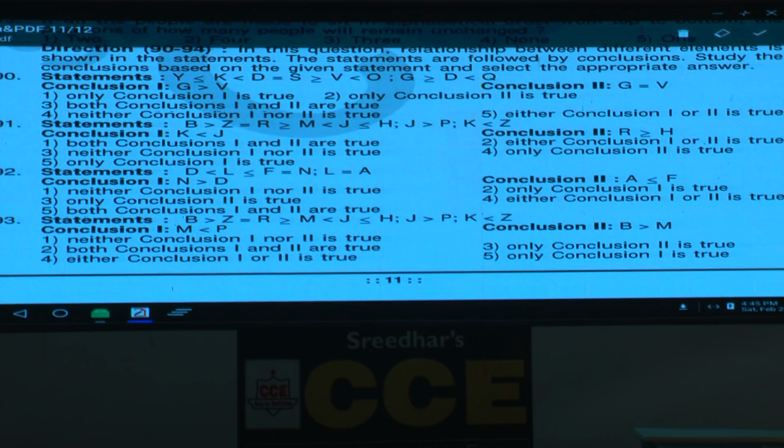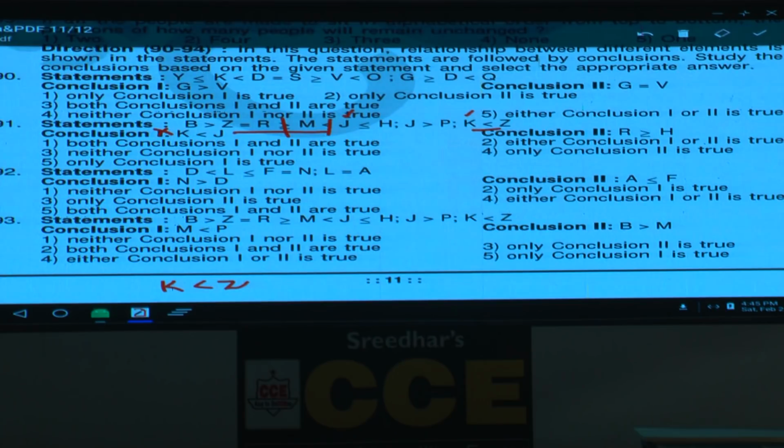Then question number 91, the relation between K and J. J is here and K is here. The letter which is common between these two is Z. K lesser than Z, and Z is between Z and J. If you observe here, there is one greater than and one lesser than, two opposite symbols, hence no relation can be established between these two.